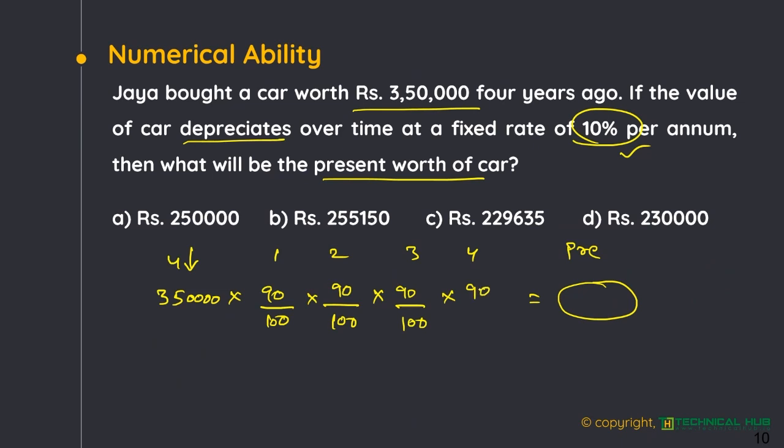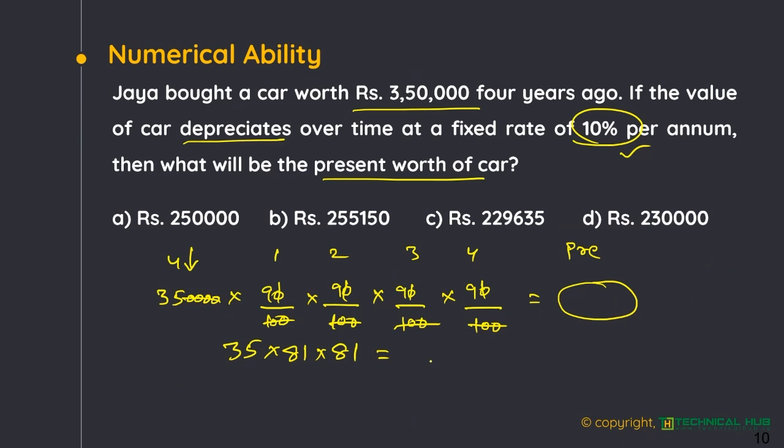Here 4 zeros cancel, and next 4 zeros cancel. Now 35 into 9 into 9, 81. 9 into 9, 81. Right? 81 into 35. Guys, if you observe carefully, no need of doing the calculation for these 3.